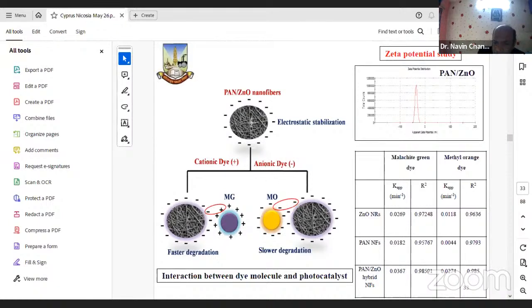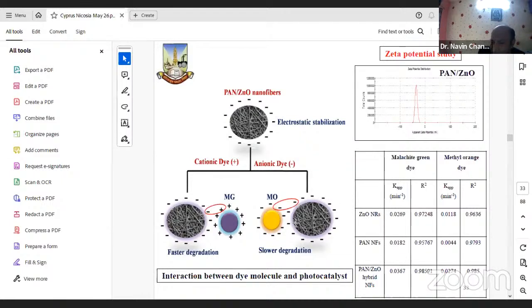So the negative surface of the PAN zinc oxide nanofiber and the negative methyl orange show slower degradation. But the positive malachite green and the negative surface show effective, that is faster, degradation. The interaction between the dye molecule and the photocatalyst takes place properly, and malachite green responds very effectively as compared to methyl orange.